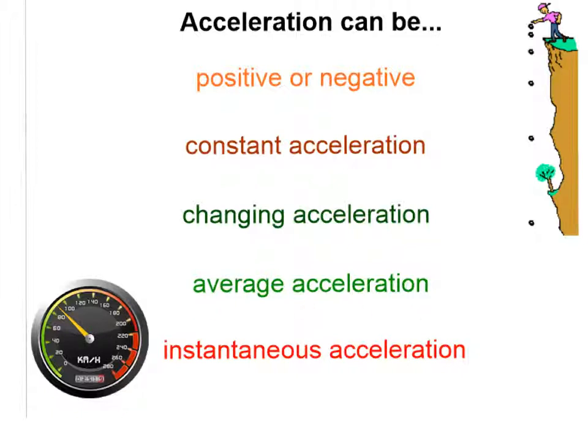Similarly, we can do the same with acceleration. We can look at acceleration as an average over some period of time, or we could look at acceleration at one particular moment in time, and these would be very different. Or at least they could be different. They might end up being the same.